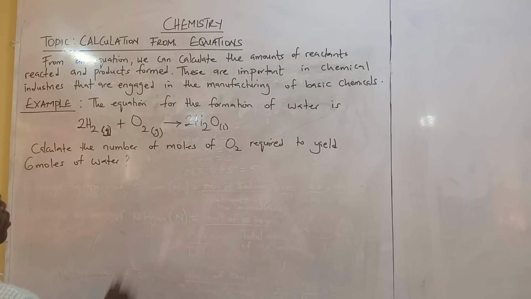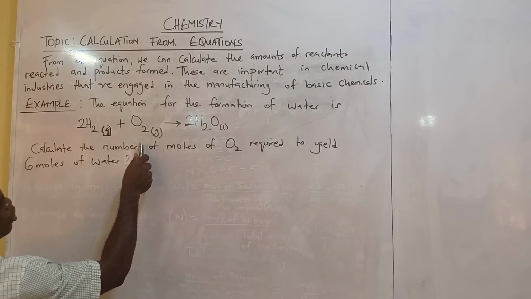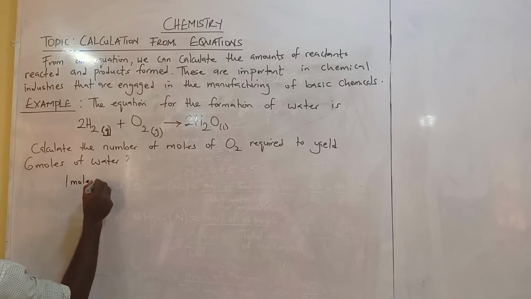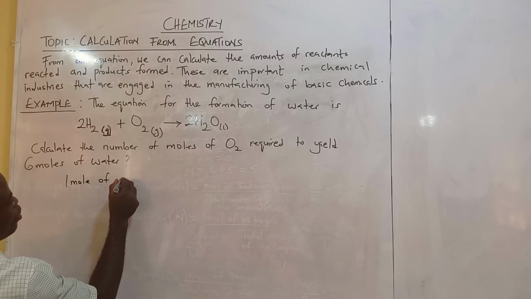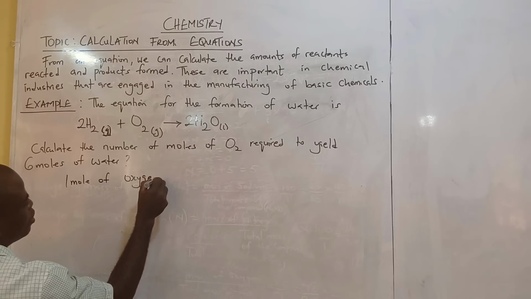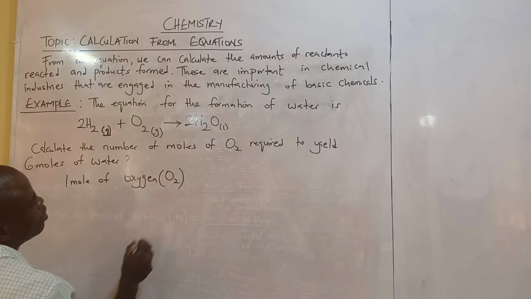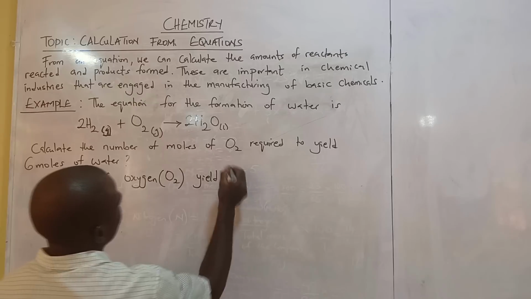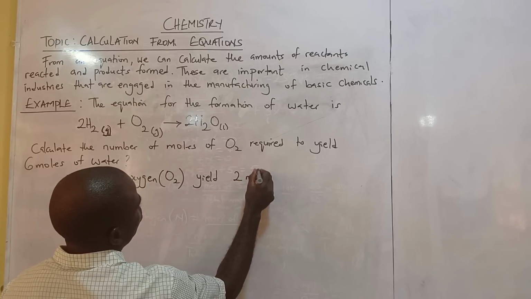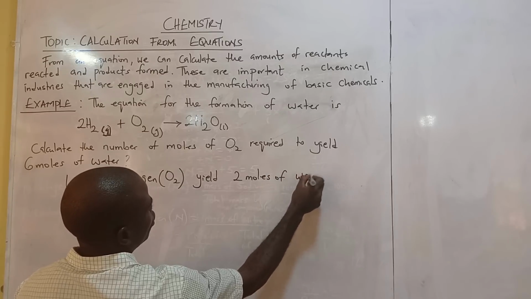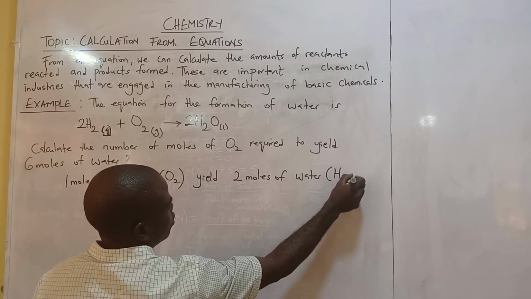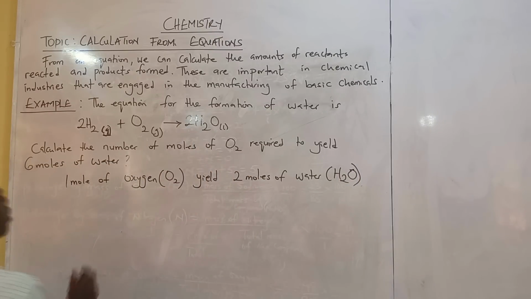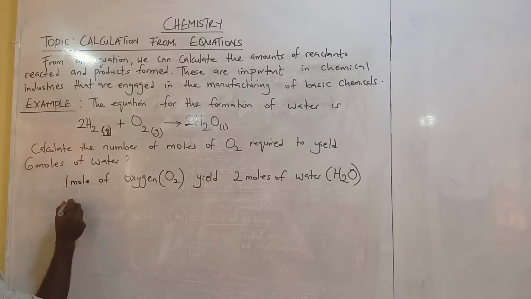You can see one molecule of oxygen yields how many molecules of water? 2 molecules of water. You can see it. Now 6 molecules.